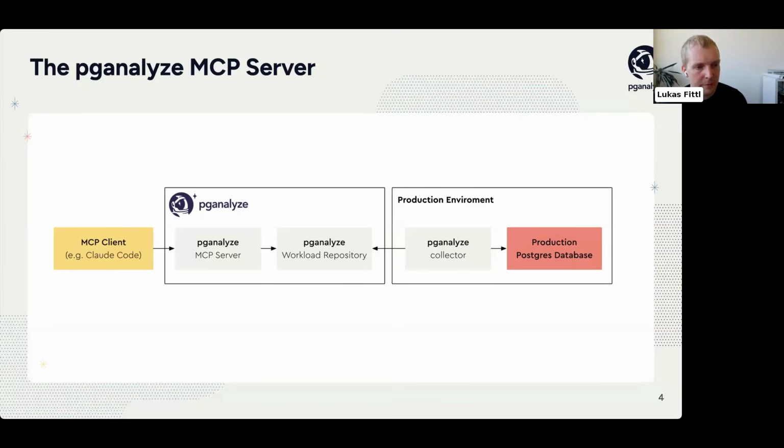Now, on the left here, we have MCP clients like Claude Code, we might have Claude on the web, we might have OpenAI's tools. It really doesn't matter to a certain extent, right? We want a model that's good at tool calling. For example, one thing I've seen myself is when I was testing, I tried using ChatGPT. ChatGPT can connect to MCP servers now, but ChatGPT is actually really bad at tool calling by default.